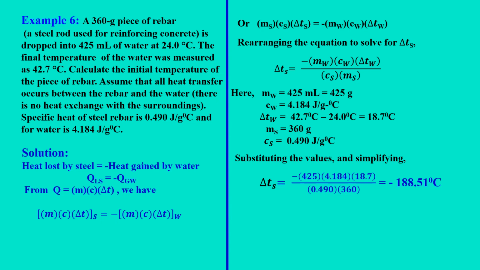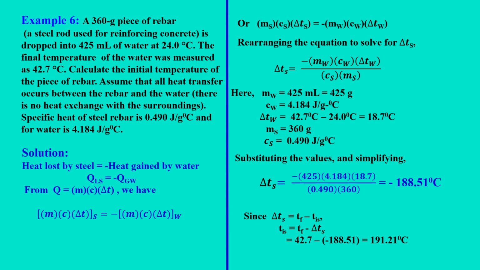But we are not done yet because we are required to calculate the initial temperature of the piece of rebar. So, since delta T S equals final temperature minus initial temperature of steel, solving for the initial temperature of steel, this is equal to final temperature, which is common to water and steel, minus change in temperature of steel.